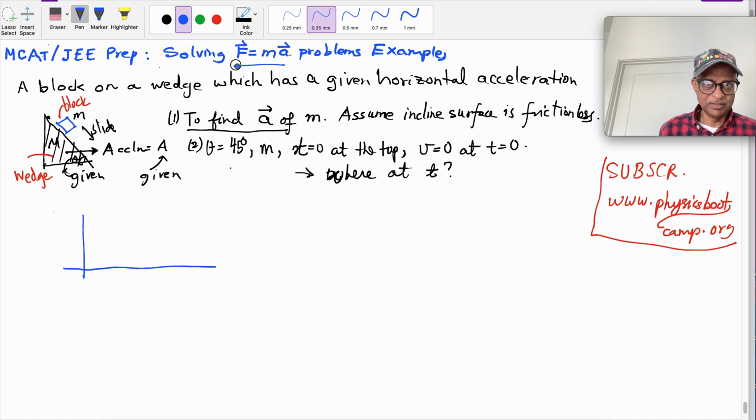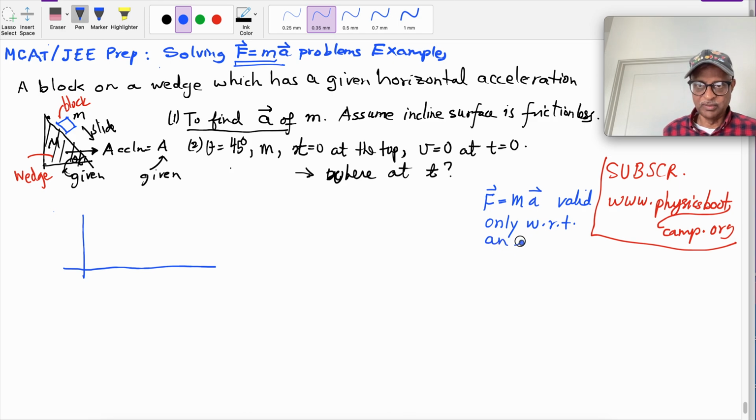In several videos I've said that F equals ma, this form of the equation, is valid only with respect to an inertial frame, and an inertial frame is somehow defined where this is true.